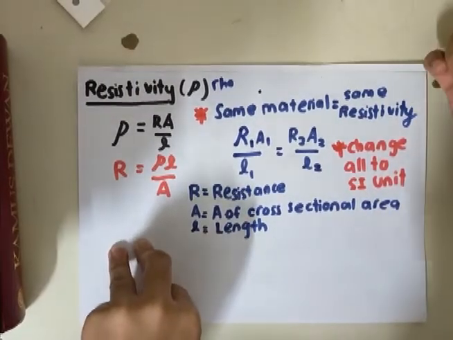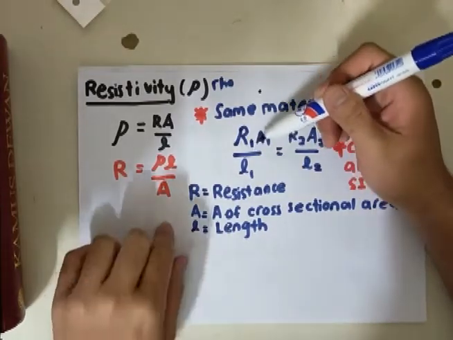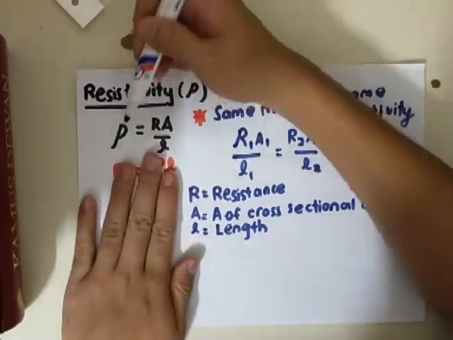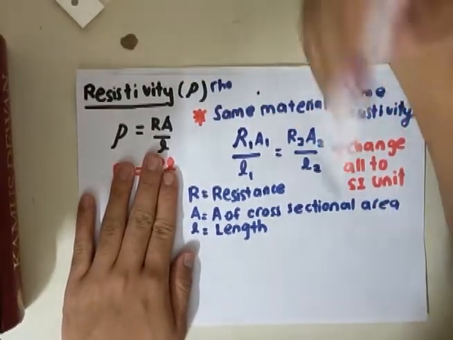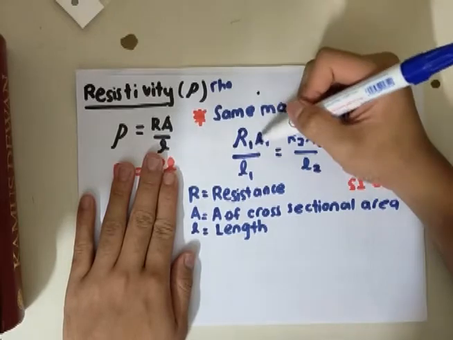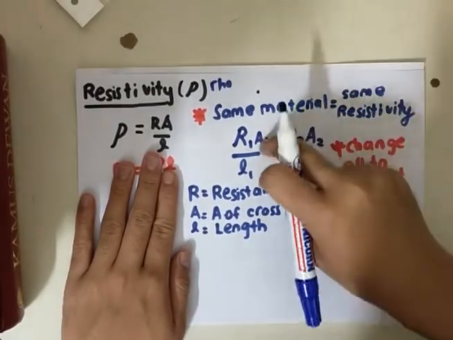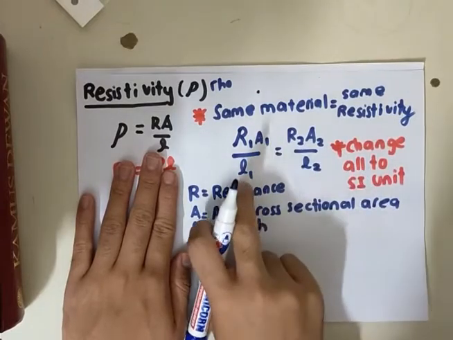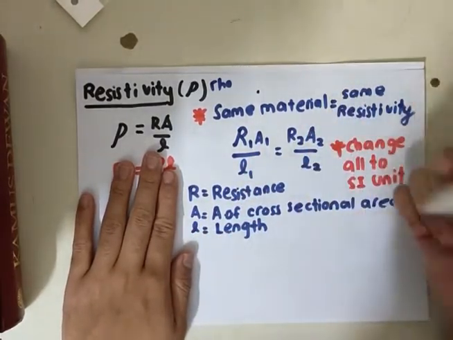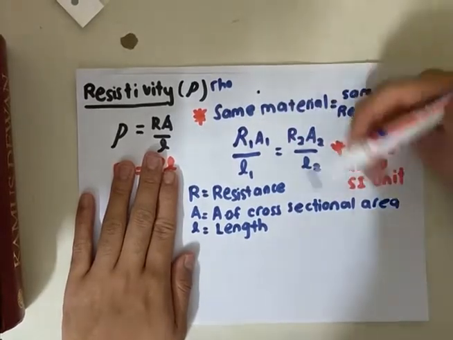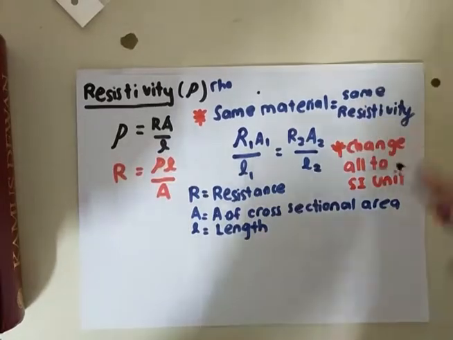Whenever you have the same resistivity, you can use this formula R1, because if you have the same resistivity, it means that your rho equals rho. So you can use it in this way to find either one of the unknowns. Let's say I give you A1, L1, and the resistivity will be 2. You will be able to find your R1 by just doing simple math, right?